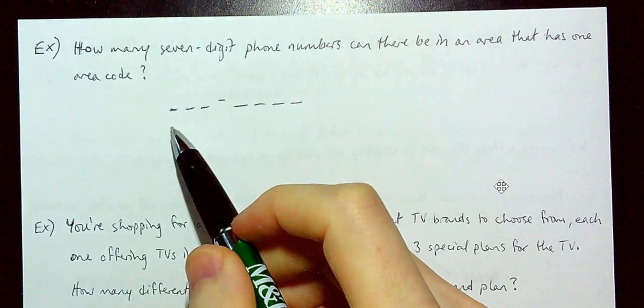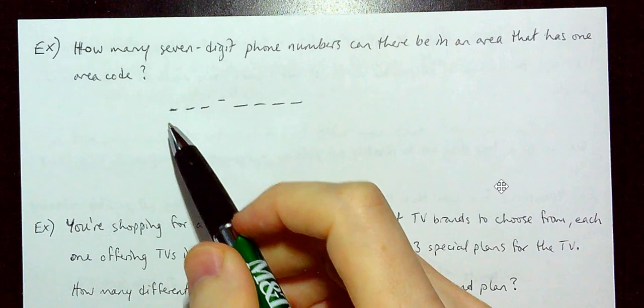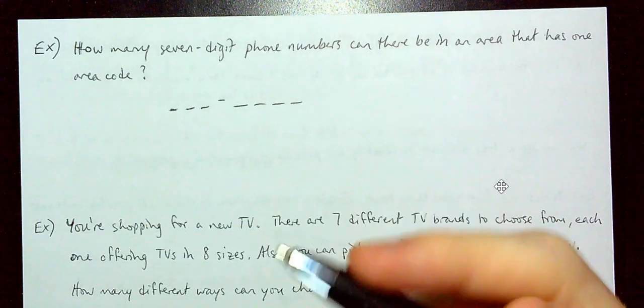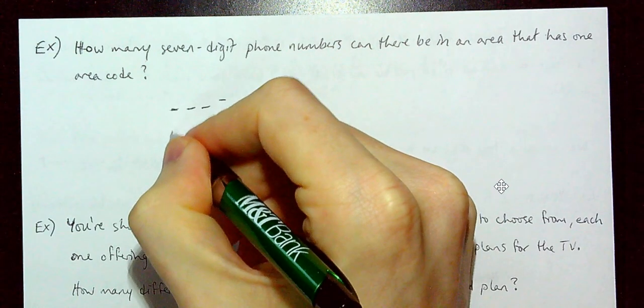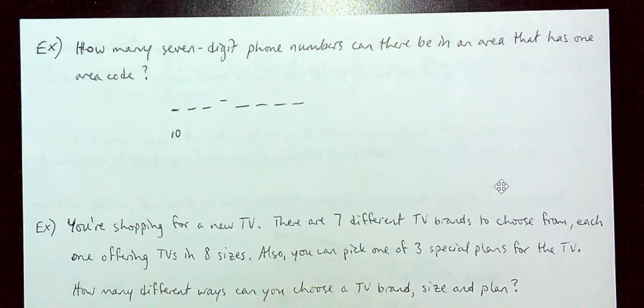Well, we could have 0, 1, 2, 3, 4, 5, 6, 7, 8, or 9. In other words, we could have 10 different numbers there as a possibility.